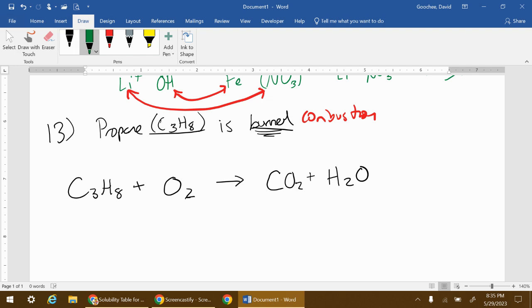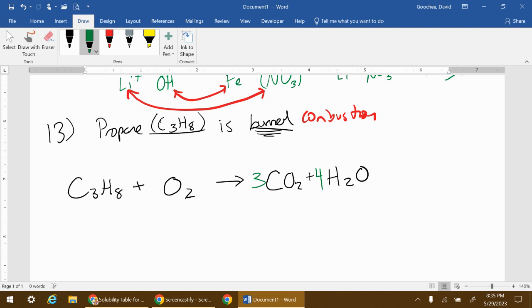Combustion reactions are very easy to predict the products, tougher to balance. So let's get to it. We've got 3 carbons over here and 1 over here, so we're going to put a 3 in front. We've got 8 hydrogens over here and 2 here, so we're going to put a 4 in front.